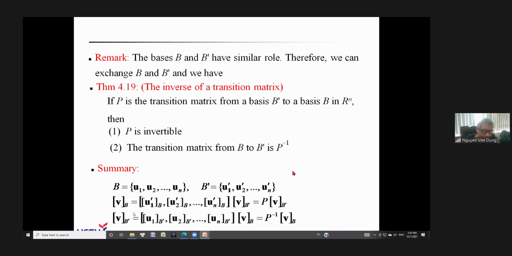Then those columns VB and VB prime relate to each other by the following formula: VB equals P multiplied by VB prime, or VB prime equals P inverse multiplied by VB, and P inverse can be computed by applying those formulas. So that is what I summarize here for you.